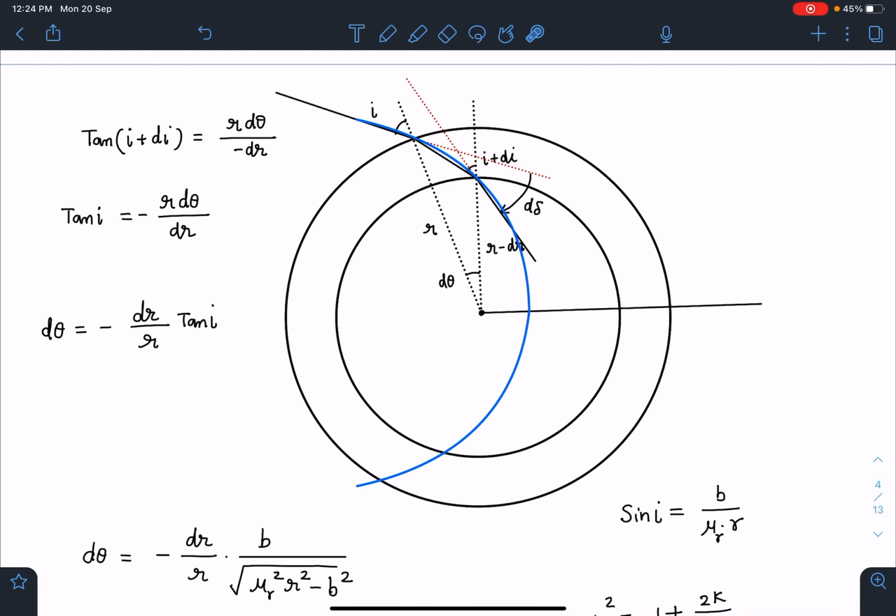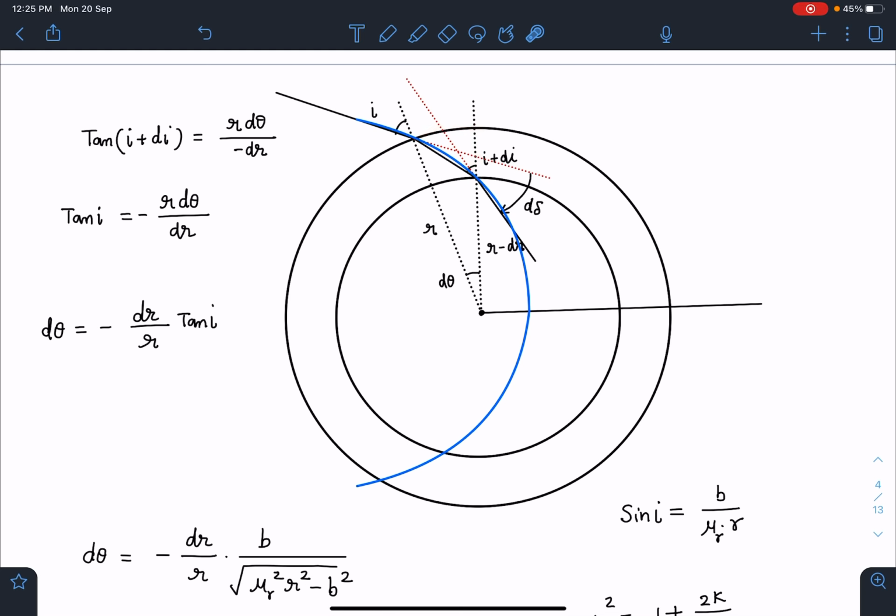And in this time, the line joining is rotating by an angle of d theta. All right, and finally this light ray goes somewhat like this. So if you see this small triangle here, I can take tan of I plus di. I can write this as r d theta divided by dr, right?